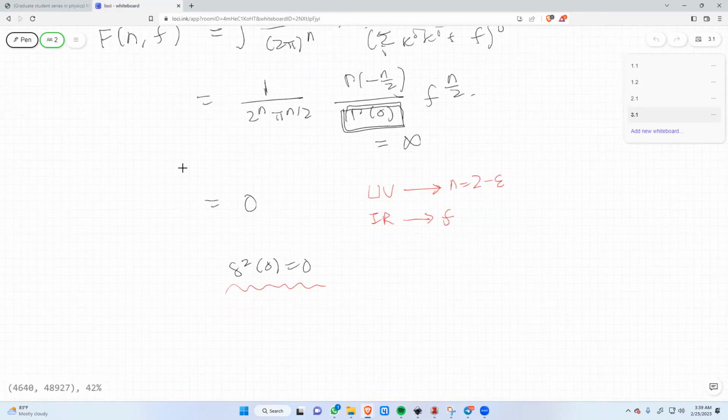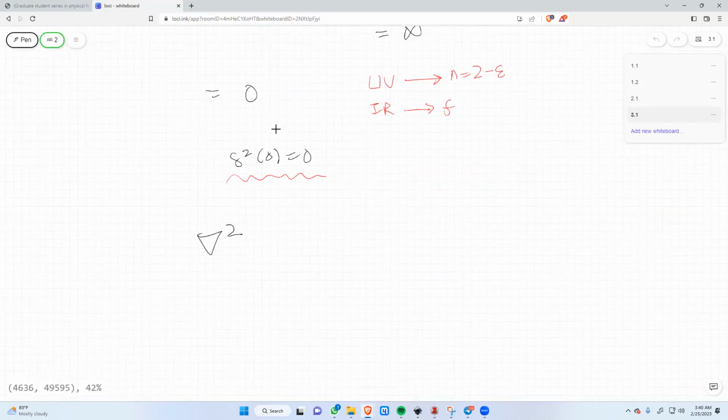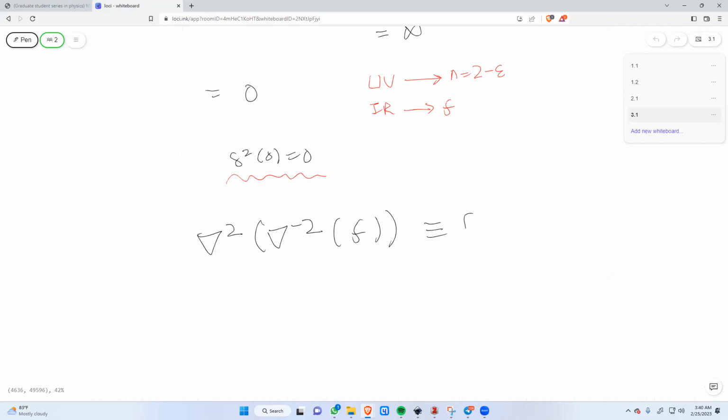Yeah, so let's see here. Let's try to calculate. Okay, so we define the inverse of the Laplacian using this identity.